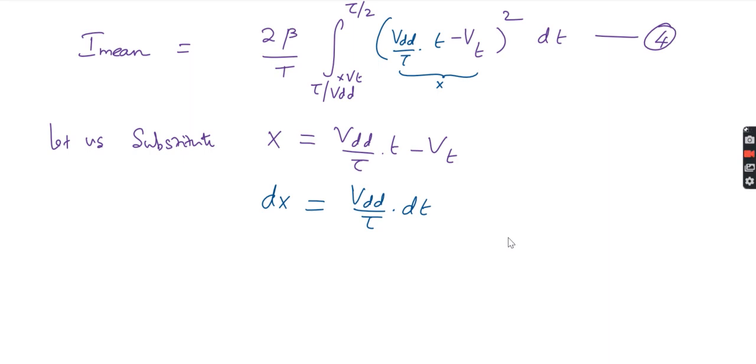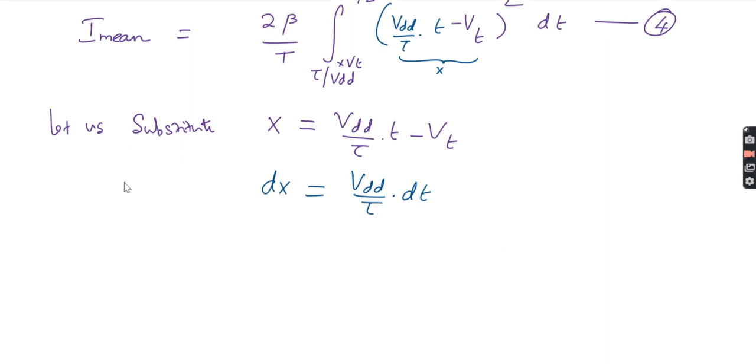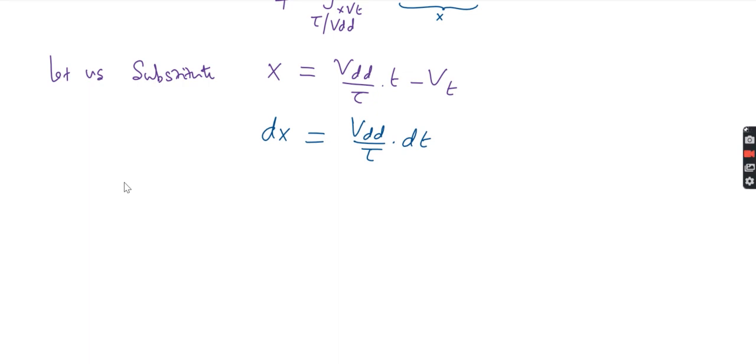Now, if this is changed, automatically the limits also will get changed. Correct? So for the lower interval, you have to substitute to get the new interval.